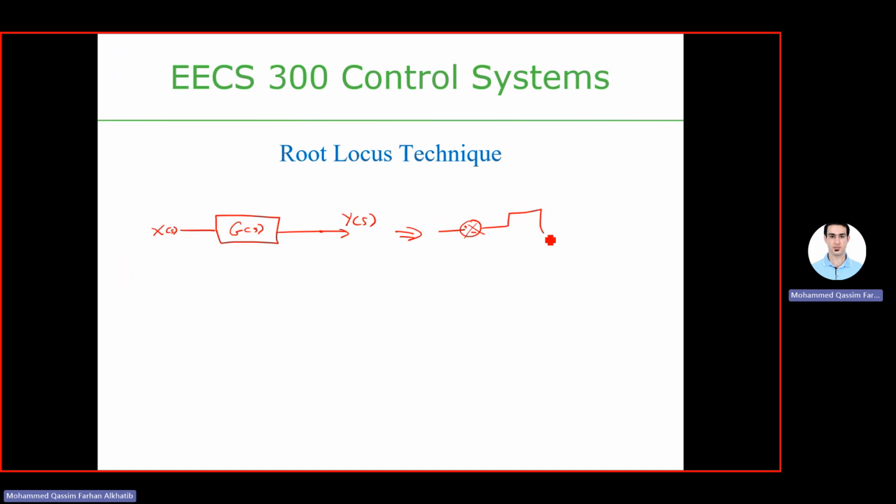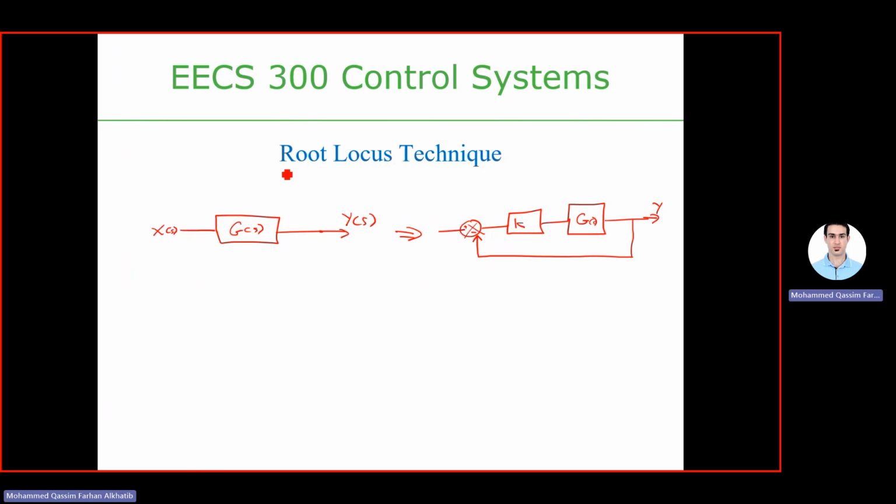Okay, so I'll draw a certain block here and keep it blank for now. And we have the system G of S, the same system itself. To make things easier, I will not provide a feedback block. I'll keep it a unity feedback. And then to have control over the system, I'll just multiply it with a constant K.